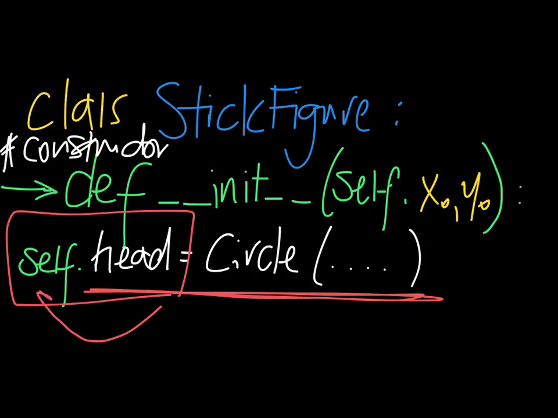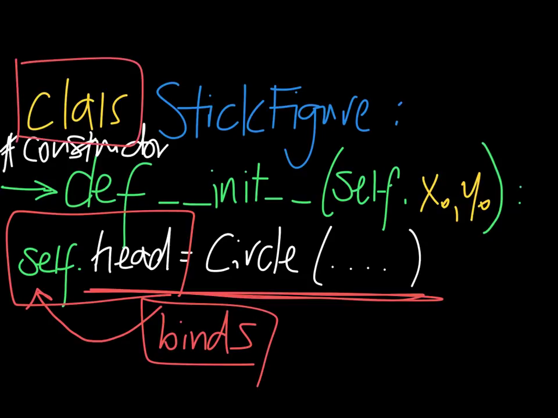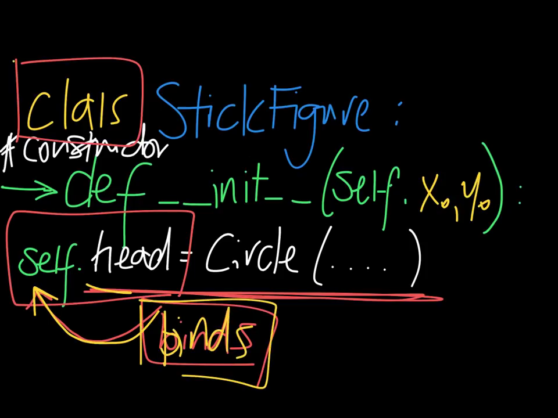What this does is it binds the value to the class. I should use yellow, right? This word self binds this piece of information to the whole class. What it means is that head is now available to any of the methods inside the class, because by using the word self, it's bound it at the top level to the class.